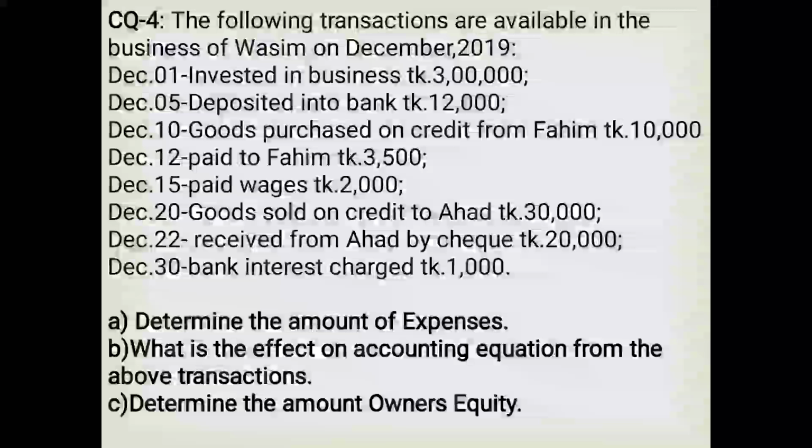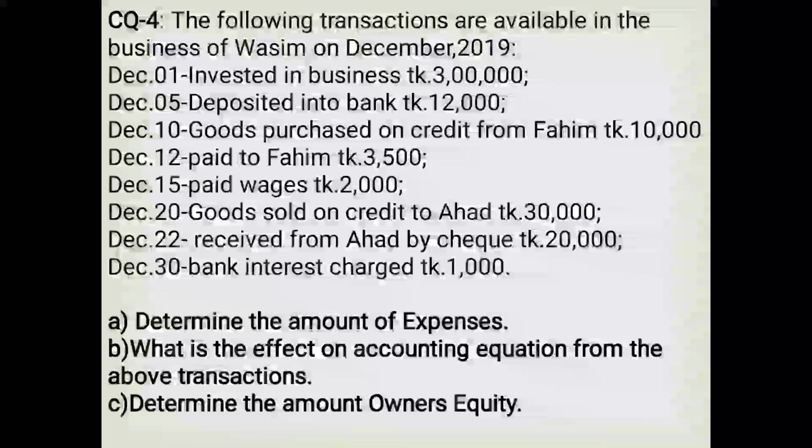I read it. The following transactions are available in the business of Wasim in December 2019. December 1, invested in business, Taka 3 lakh. December 5, deposited into bank. December 10, goods purchased on credit from Fahim. December 12, paid to Fahim.